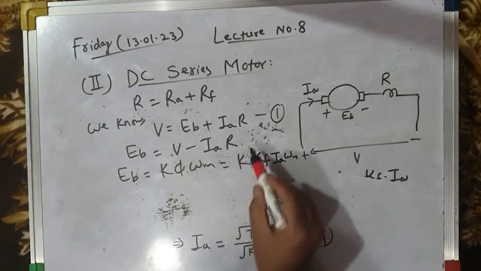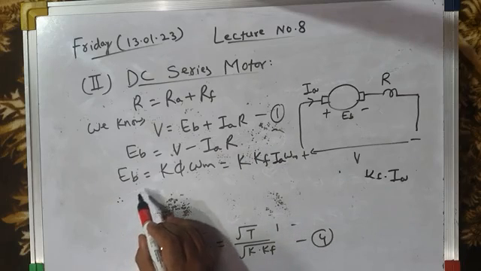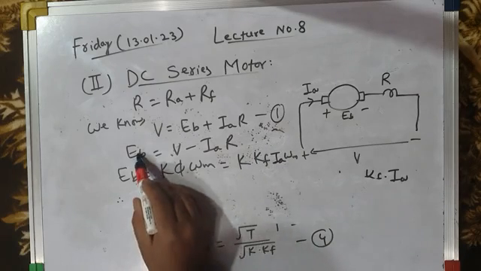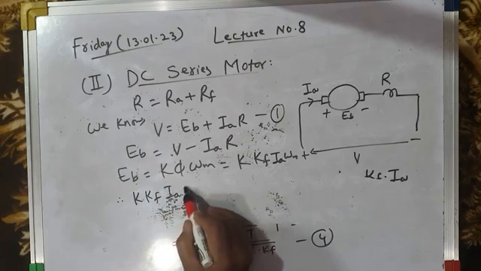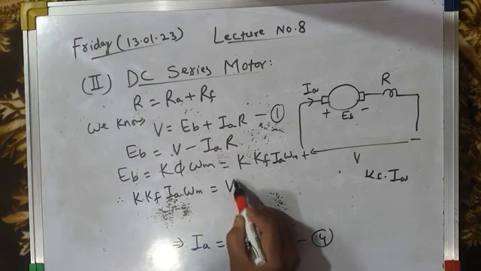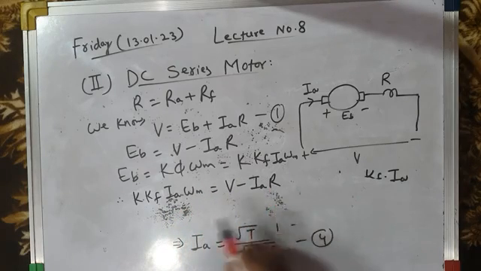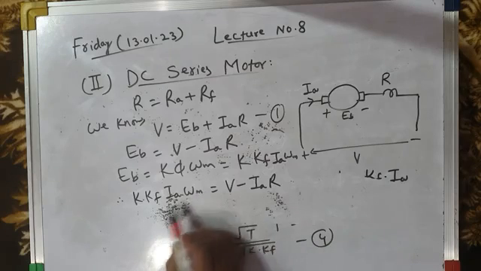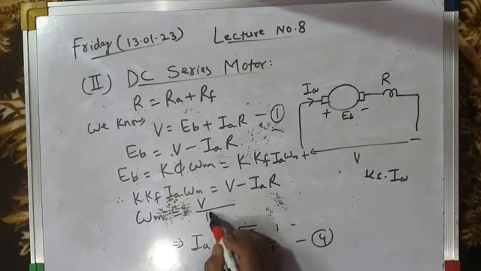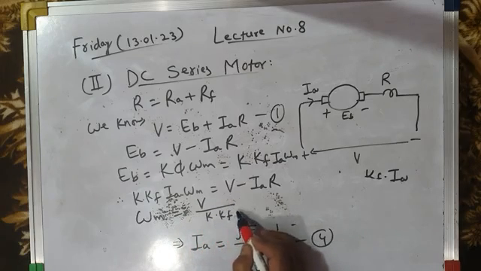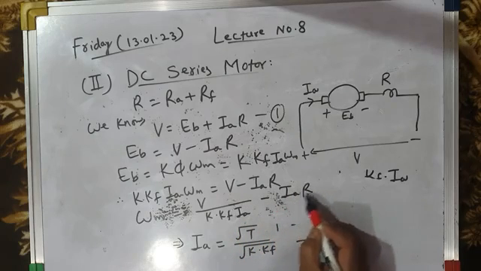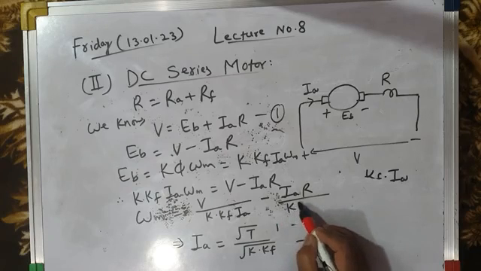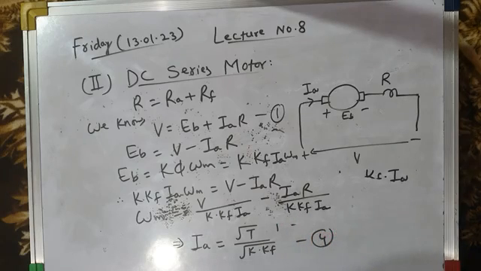So substituting in this equation, in place of EB we will write K Kf Ia into the speed omega m, which is equal to V minus Ia into R. From this we can find omega m, the speed of the motor, which is given by V by K Kf into Ia minus Ia R by K Kf into Ia, right?